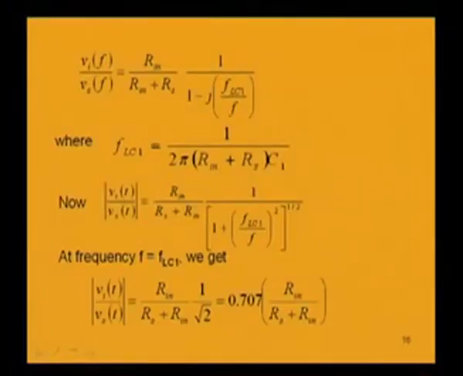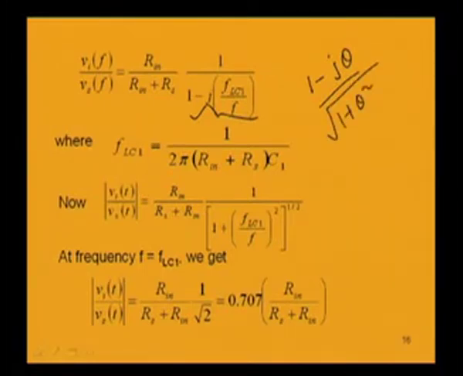So we are writing only the amplitude or magnitude Vi by Vs, that is equal to Rin by Rin plus Rs into 1 by, taking the magnitude of this part, it is a complex quantity of 1 minus j theta suppose. So if I want to find out the magnitude of this component, this whole expression, it will be square root of 1 plus theta square.